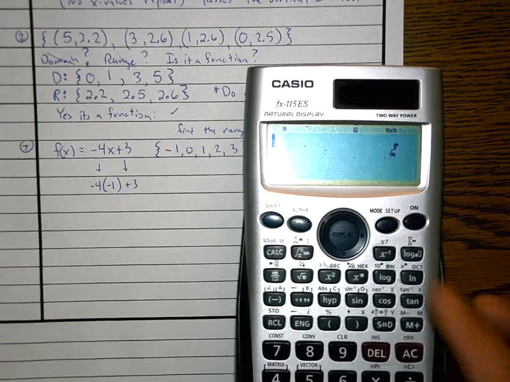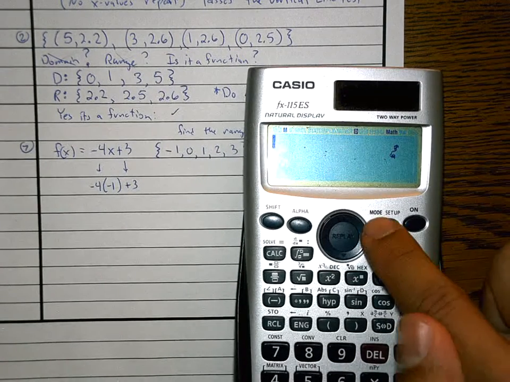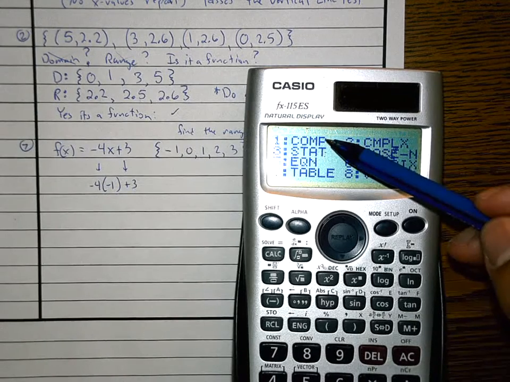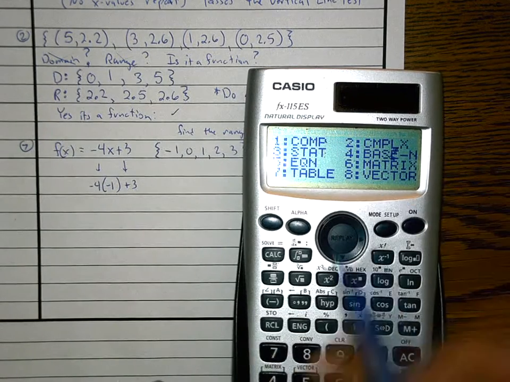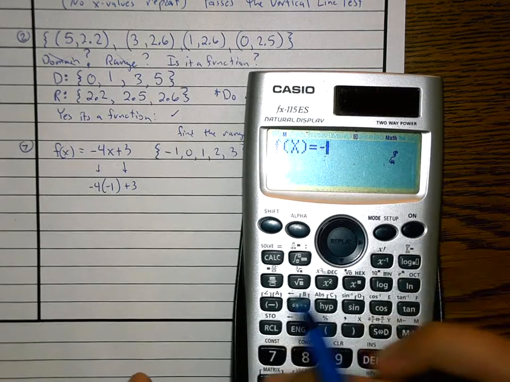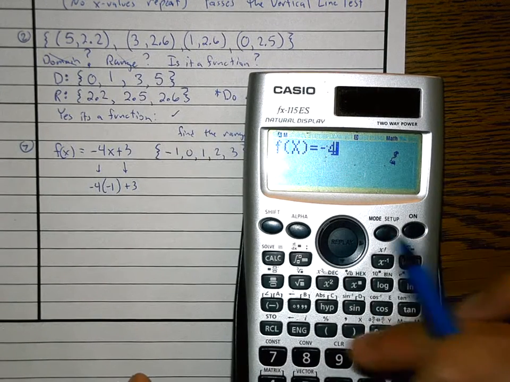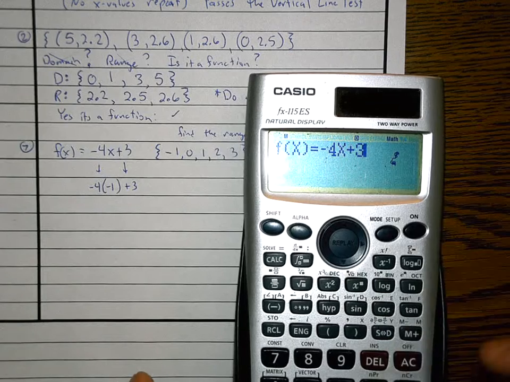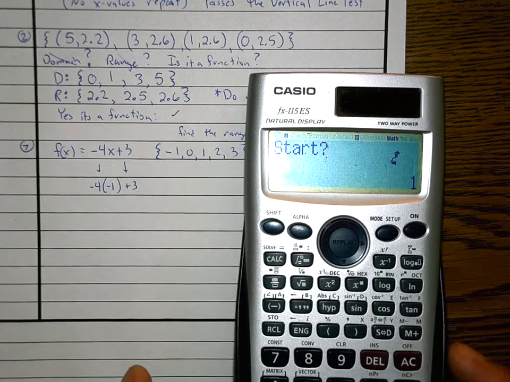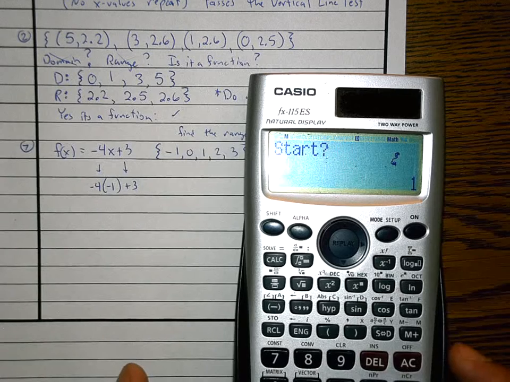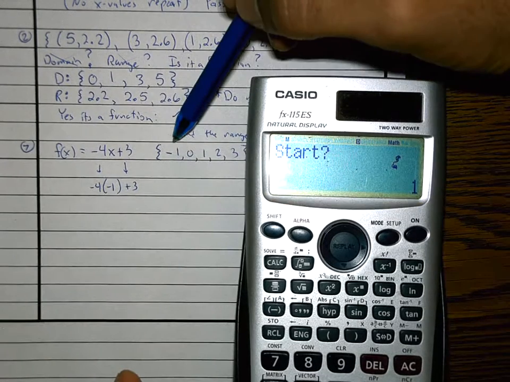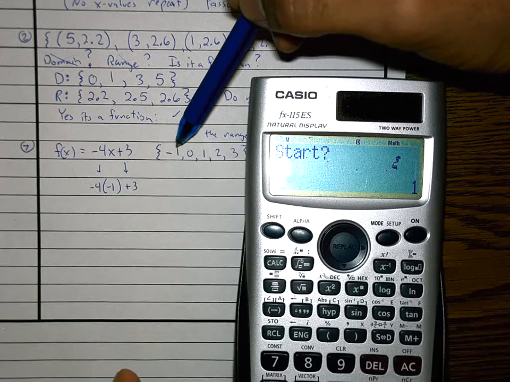All you have to do to get to it is press the mode button, and you can go from computation mode to table mode, which is number 7, and you can punch in your function, negative 4 alpha x plus 3. On the newer calculators, it'll ask you, do you want a g of x? You just press enter. You can go right by it. Where do we want our table to start? What's the first value we want it to start at?